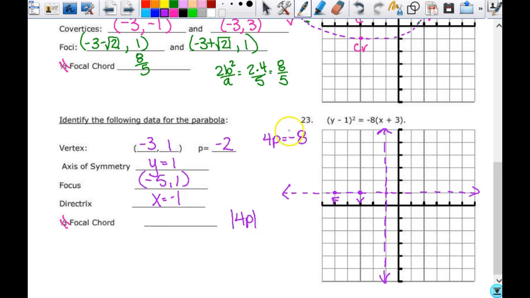So it's the absolute value of negative 8, so it's just 8. So from here, I count 1, 2, 3, 4, and here 1, 2, 3, 4. That gets me the points that I need, and then I can draw in my parabola.